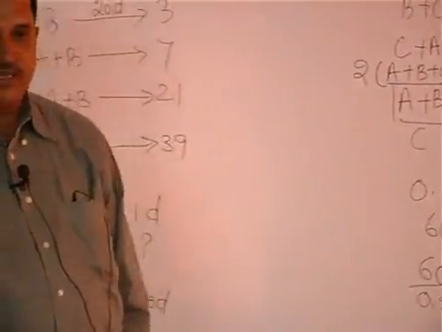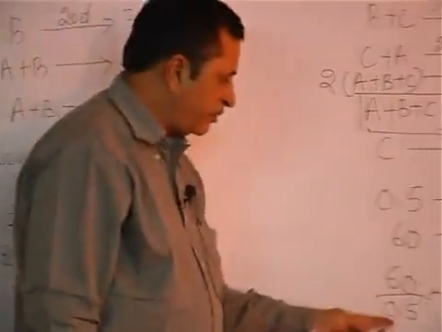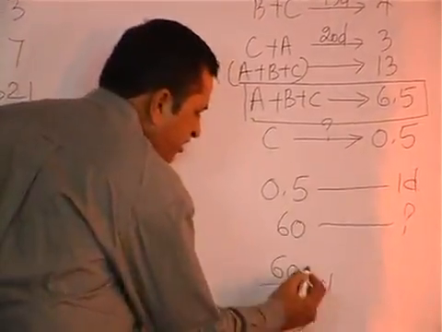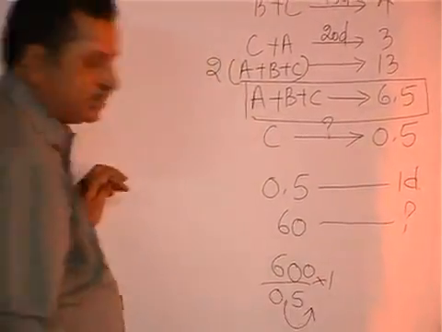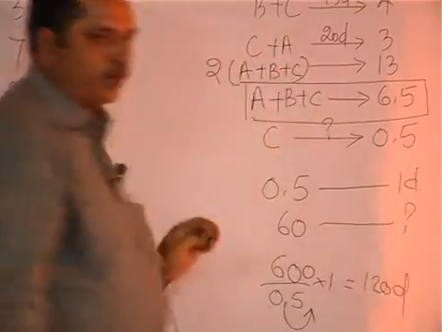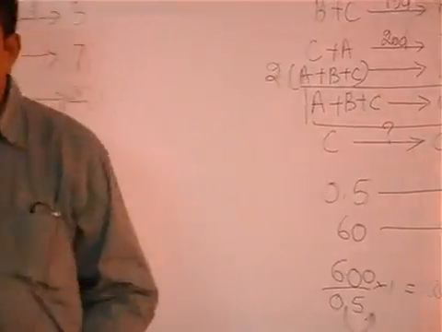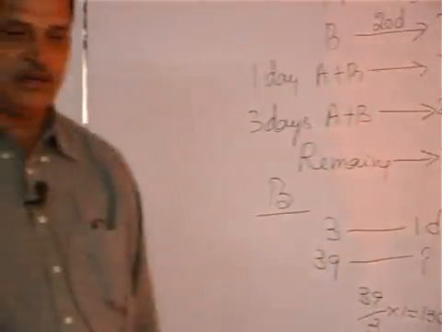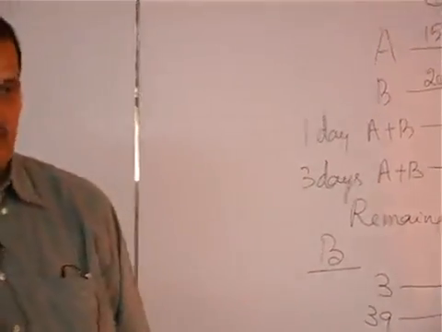One decimal is shifted right side means add a 0. 600 by 5 means 120 days. C can do the work in 120 days.